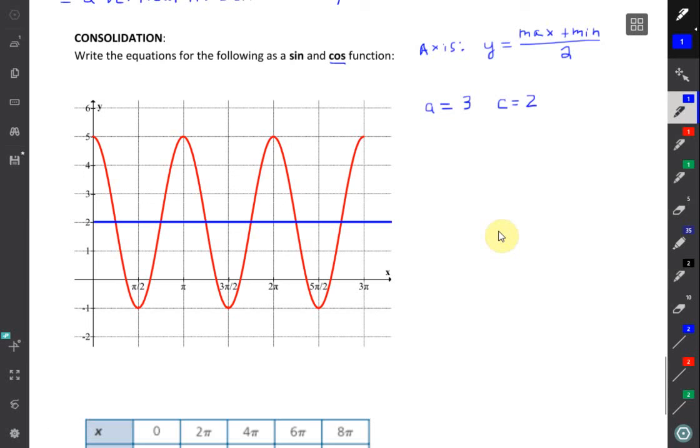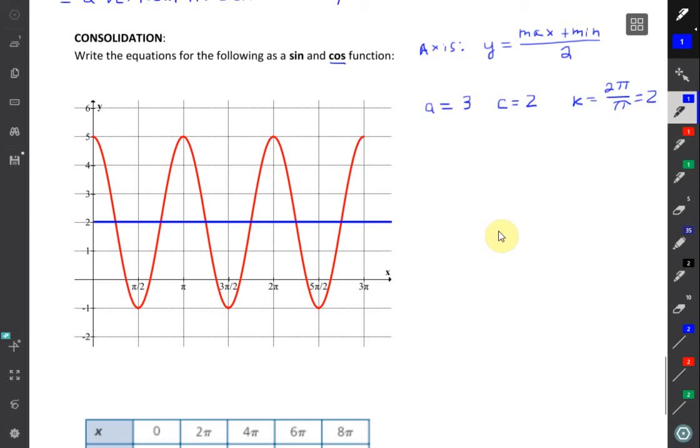And then looking at the period of this function, from this peak to that peak is pi, right? So we could look at that and say, well, the k value is 2 because that results in a compression by a factor of 1/2, or we can write that k is equal to 2 pi, which is the period of the parent function, divided by the period of this function, which is pi, and that leaves us with k equal to 2.